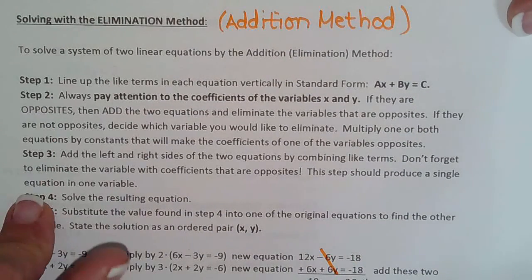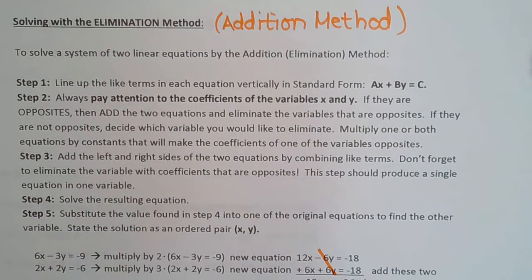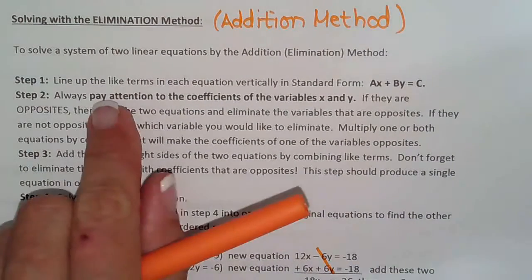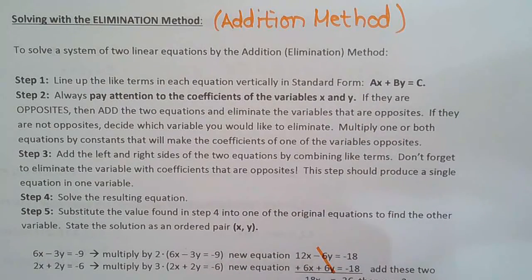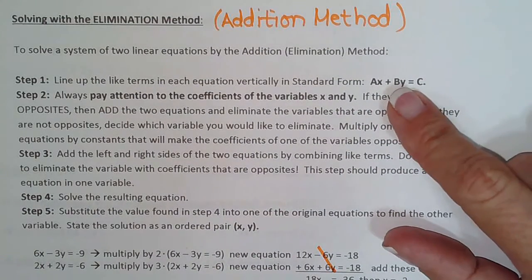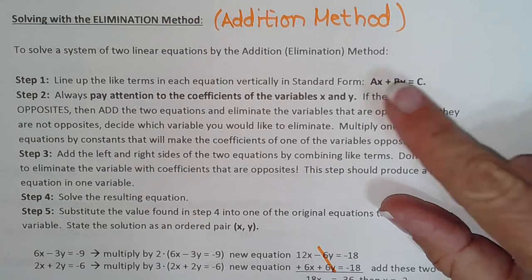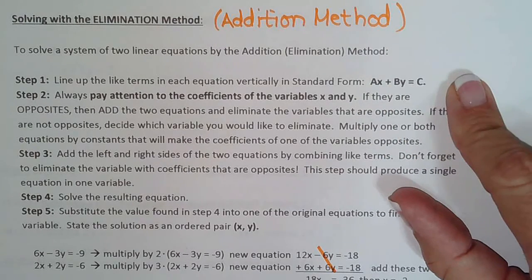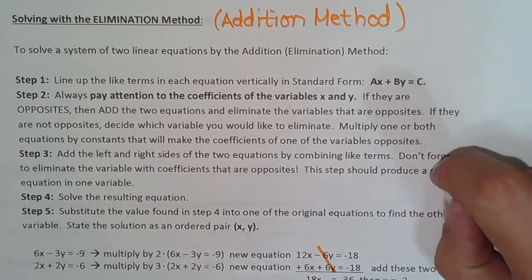So these are the steps we use to solve using the addition method or elimination method. So first we line up like terms. So we make both of our equations look like ax plus by equals c. Remember how that's called standard form? So x is first, the y term second, the constant or the number without a variable is over on the right by itself.